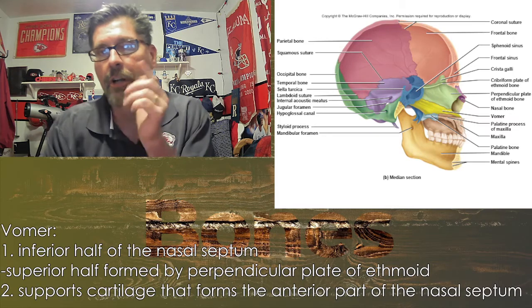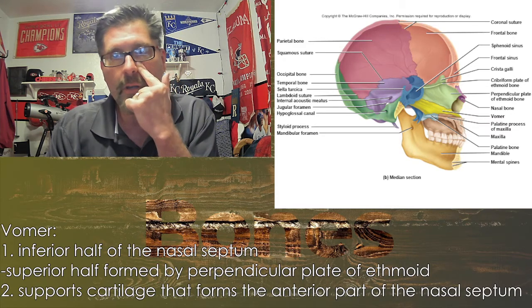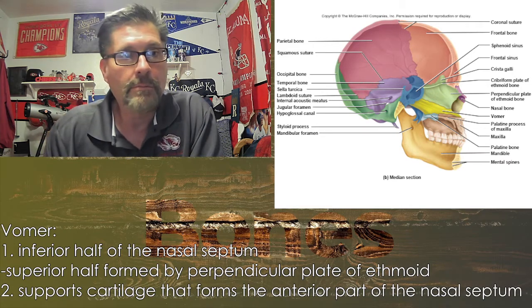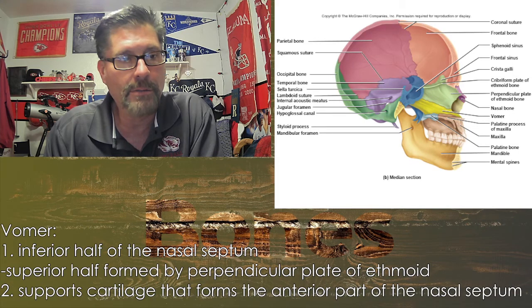But that's where it is, on the outside of the nasal cavity, right above the teeth, just right in this area, but it goes straight back. But again, we'll look at skulls and pick it out.